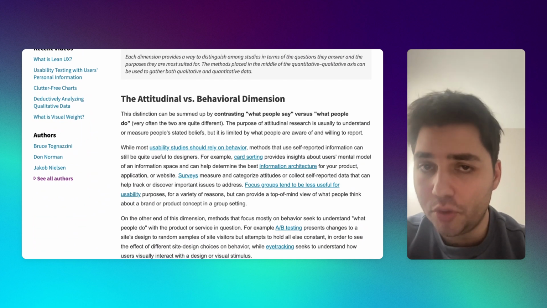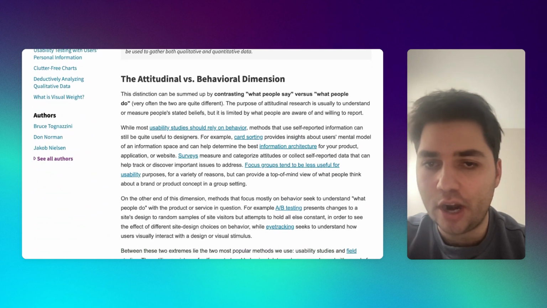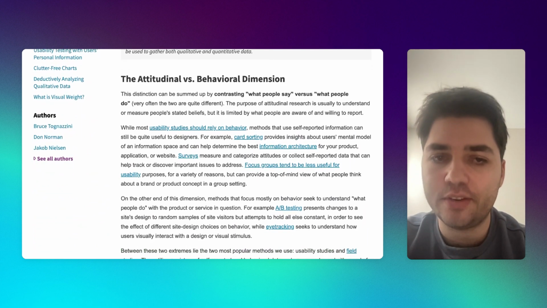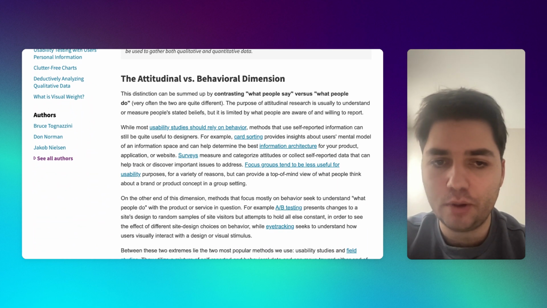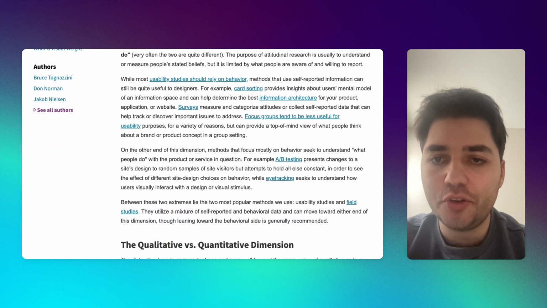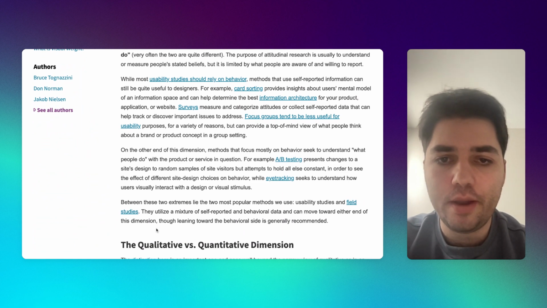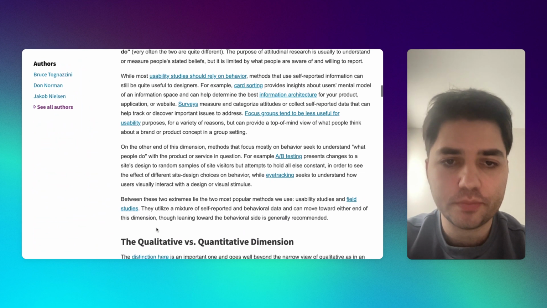If you're looking at what people do, or the behavioral dimension, you may want to do A/B testing or eye tracking, which are surefire ways to figure out what exactly people are doing when looking at these products. And again, you can use usability studies and field studies for both attitudinal and behavioral, but they do tend to lean a little towards the behavioral side.